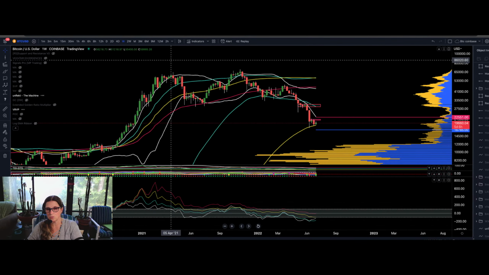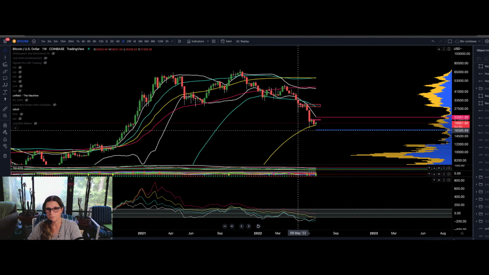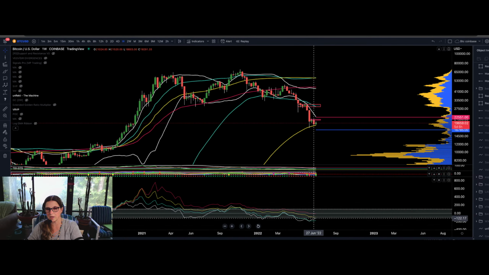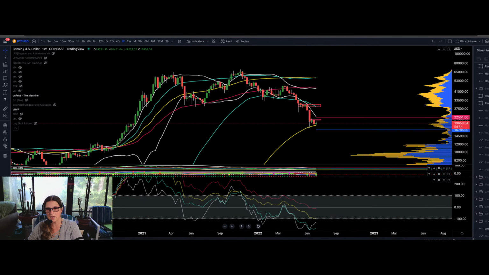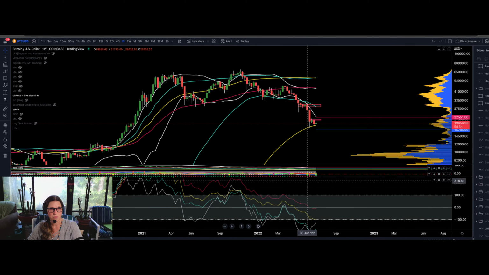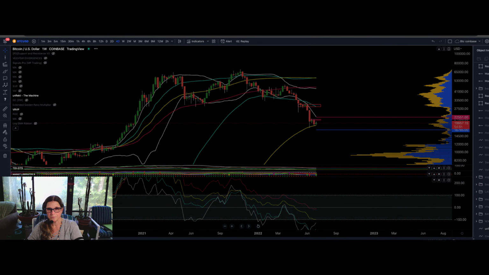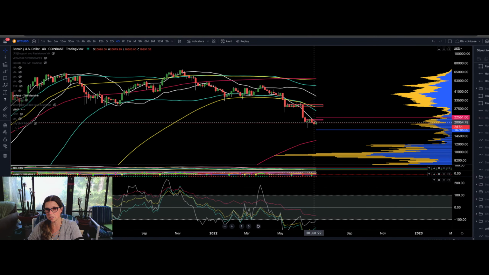We have a yellow that is underneath us, but very weak support because yellow is about to come out. It's hanging on by a thread. On the 4-day, we have a white that is resistance.